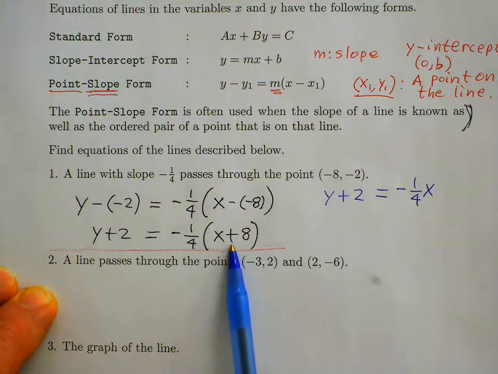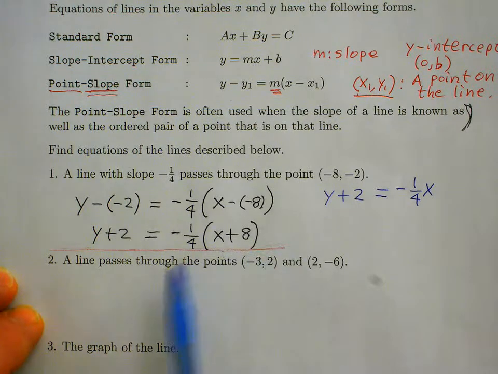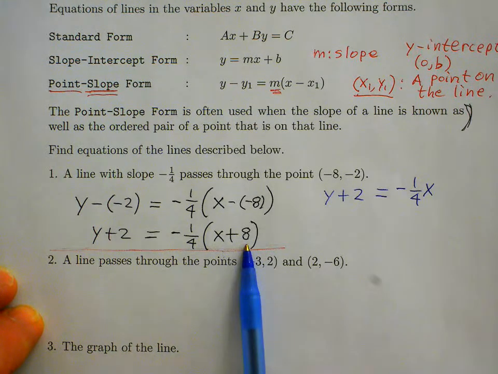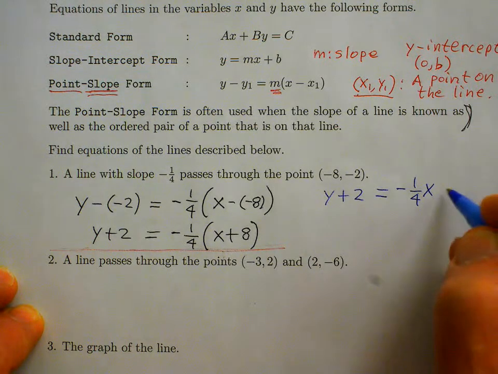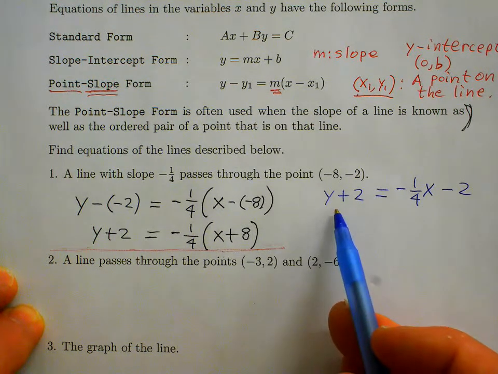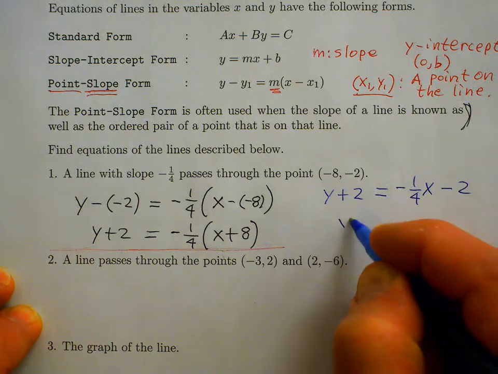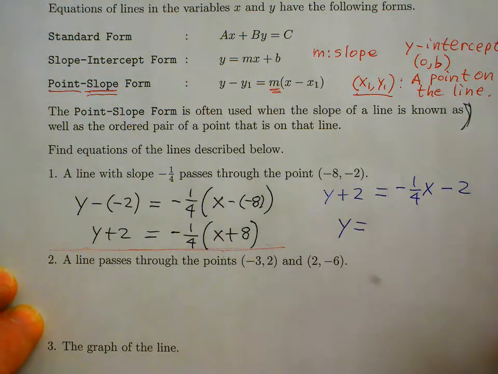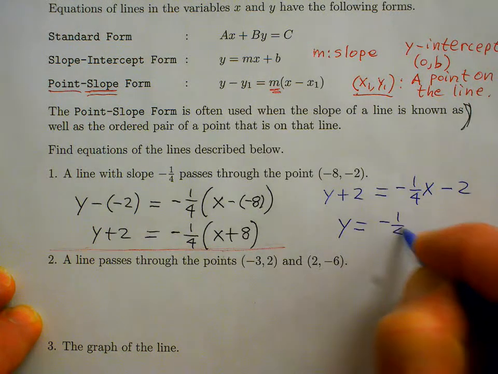And then we're going to add -1/4 times 8. -1/4 times 8 is -2. And adding -2 is equivalent to subtracting 2. And then subtract 2 from both sides, so the slope-intercept form is y equals -1/4 x minus 4.